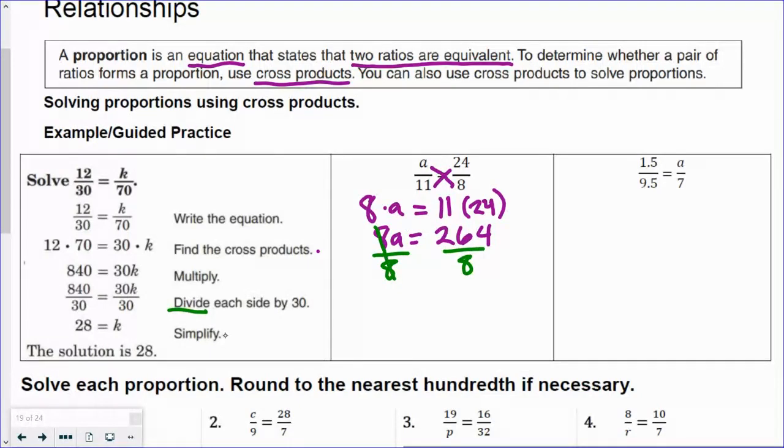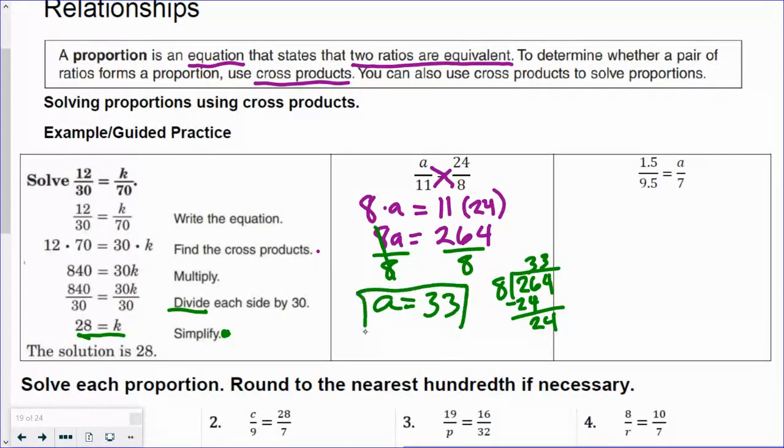Then we call it simplifying by getting our actual solution. So then A equals, if I take my 264, divide by 8, 8 goes in 26 3 times, and it goes into 24 3 times. Okay, so then A equals 33, and that is my solution, simplified.